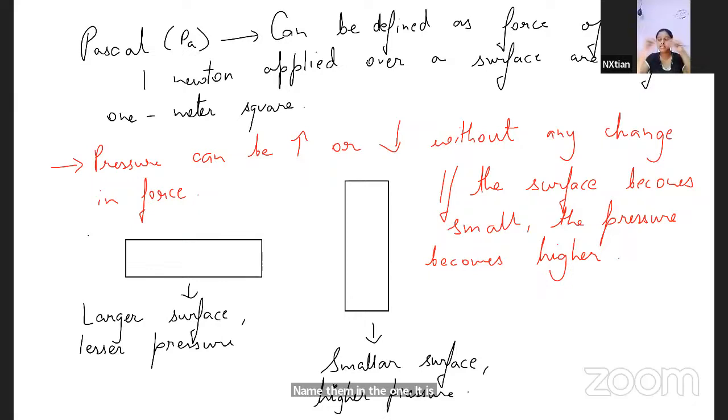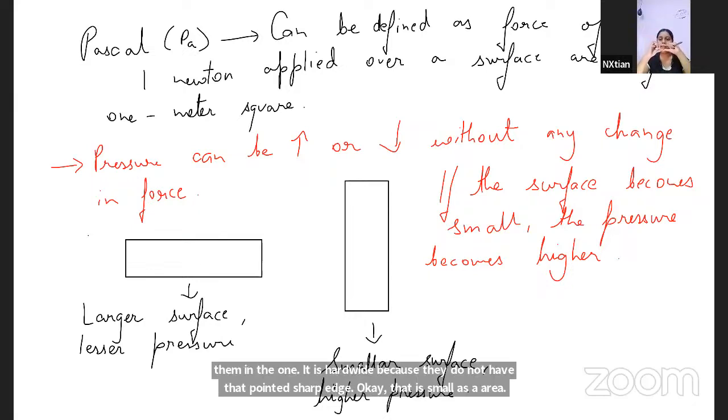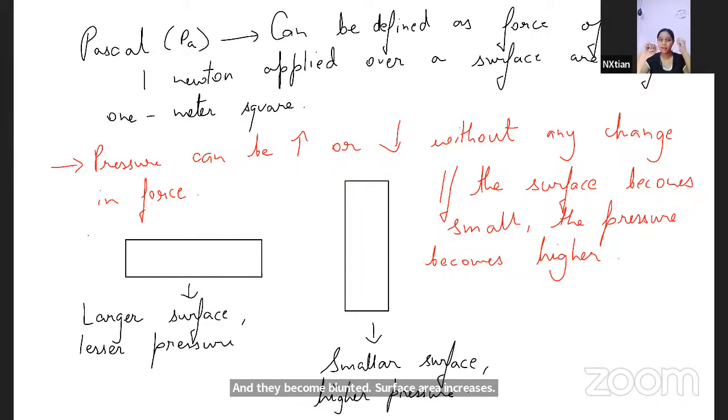When they become blunt, their surface area increases, which makes it hard to hammer them in. So large surface, lesser pressure, but smaller surface, when force is applied, higher pressure. This is the concept of pressure, with reference to force and surface area.